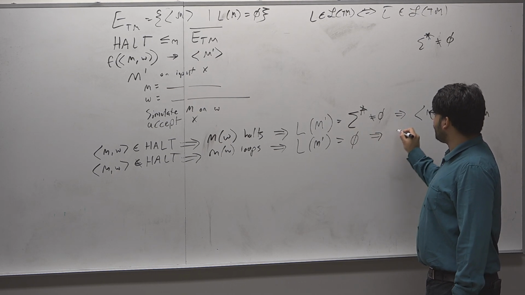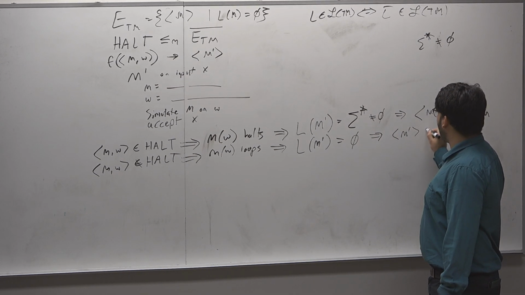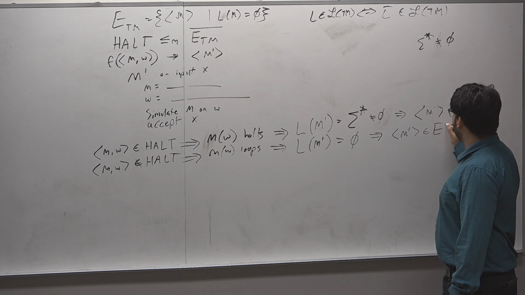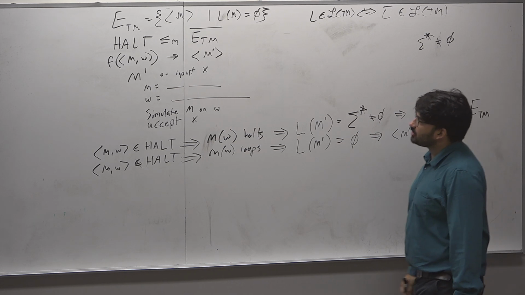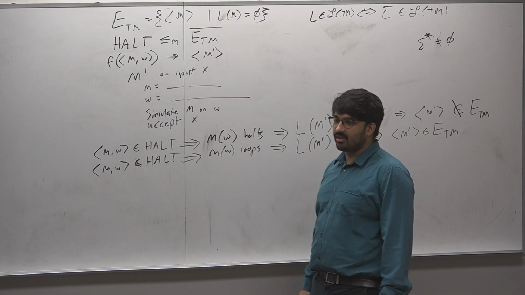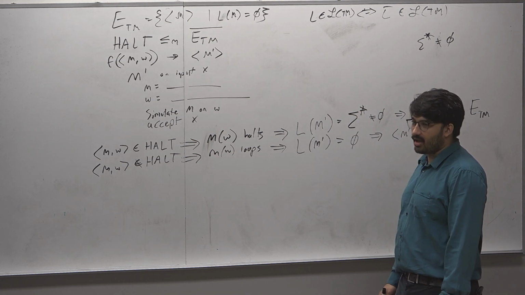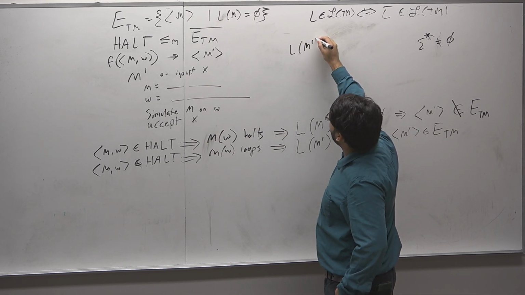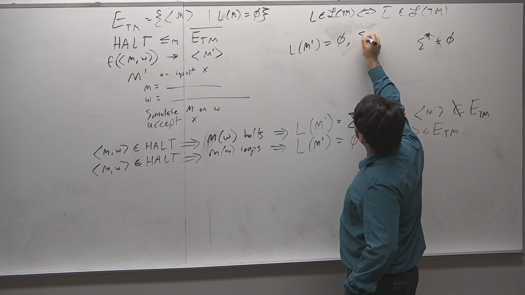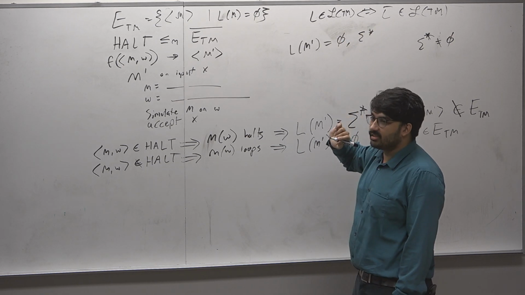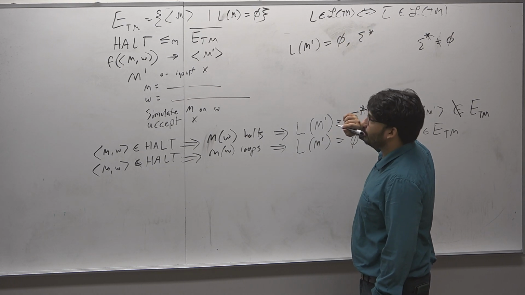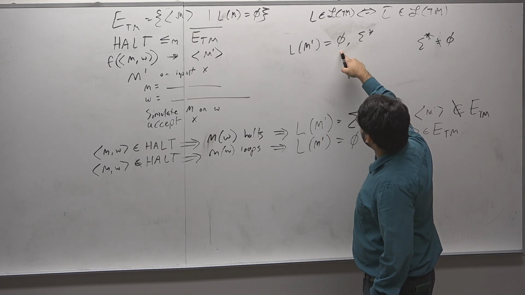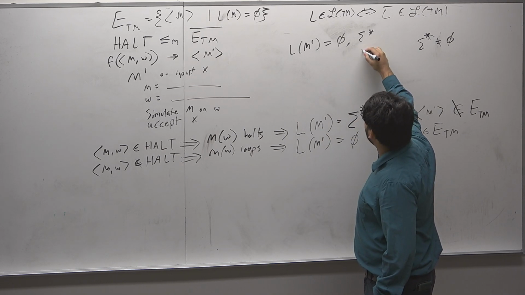Which implies that the description of M prime had better be an element of ETM. Now to come back to your question, M prime has entered itself into a suicide pact with M, right? The language of M prime will be one of two things, the empty set or sigma star. But which one it wants to be depends upon whether or not M halts. So if it halts, we're just going to accept everything.